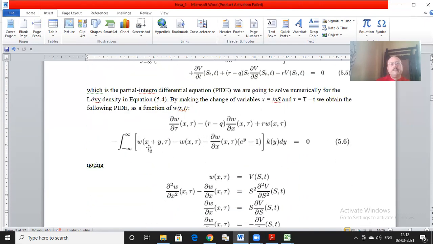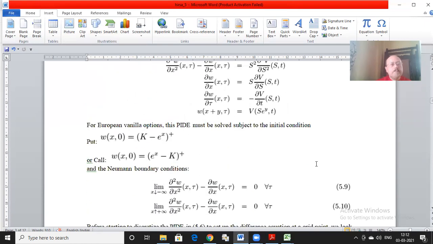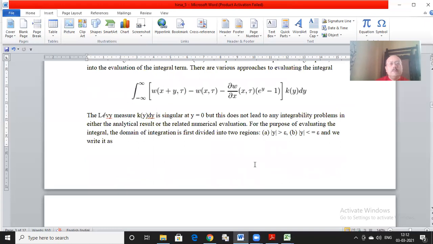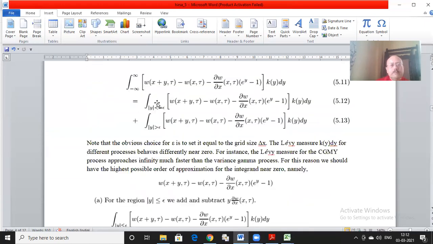In that PIDE, we said that we know how to handle the differential. So the troublemaker could be the integral, and this integral we have to handle properly because it is an improper integral, as well as there is a singularity at 0 because of ky. We consider only very simple derivative contracts, vanilla put or call options. To handle the integral, we split it in 2 parts, near 0 and far away from 0.